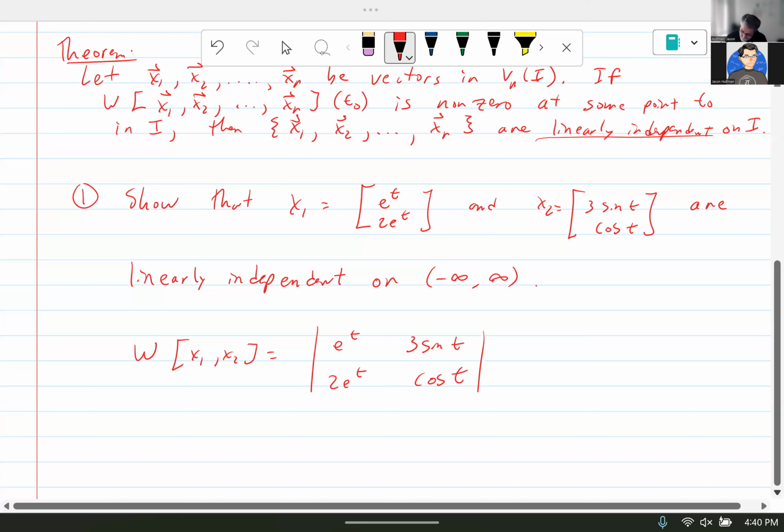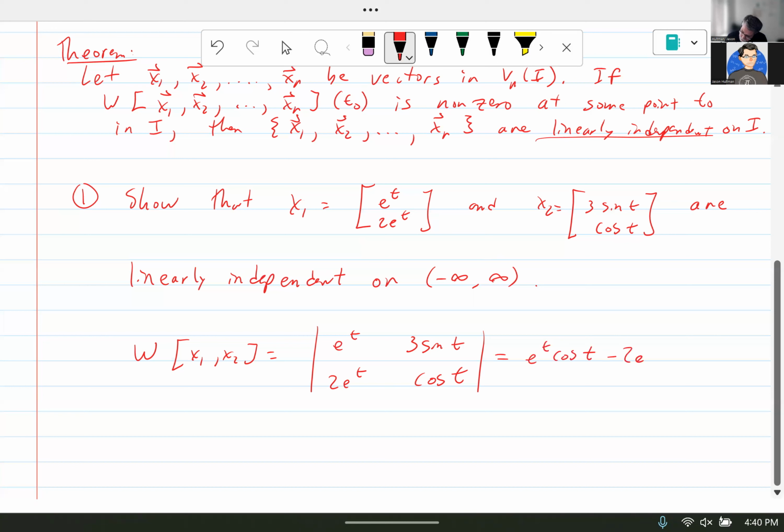If we find the determinant of this, this becomes e to the t cosine t minus 6e to the t sine t. I'm sorry, that's 6, my bad. So we just need to find some value where this thing is not equal to 0.